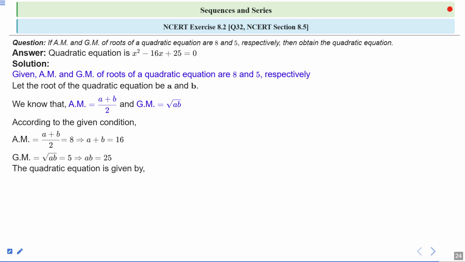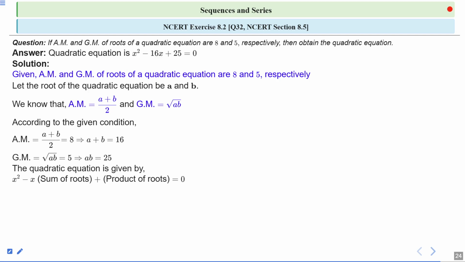So the quadratic equation is given by x square minus x times the sum of roots plus the product of roots equal to 0. We know this is the standard form of a quadratic equation, where the coefficient of x is the sum of roots and the constant term is the product of roots.